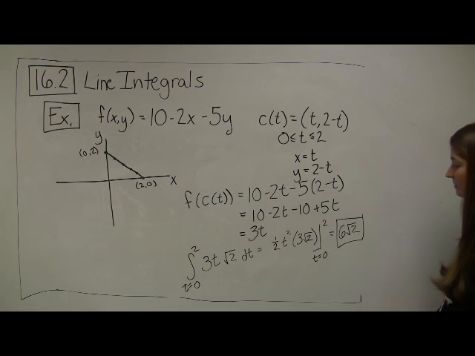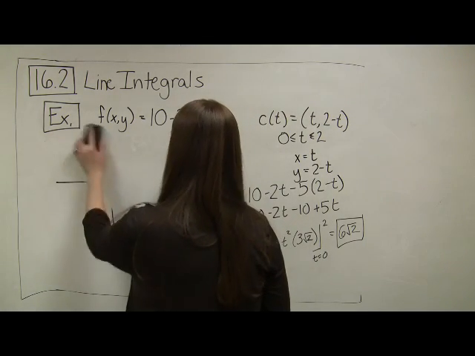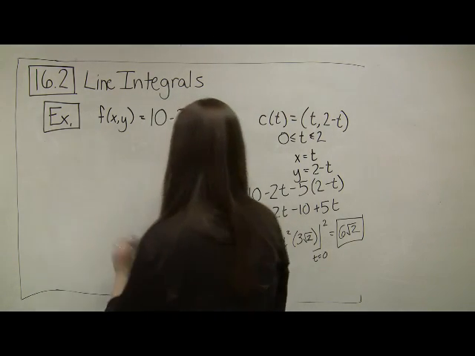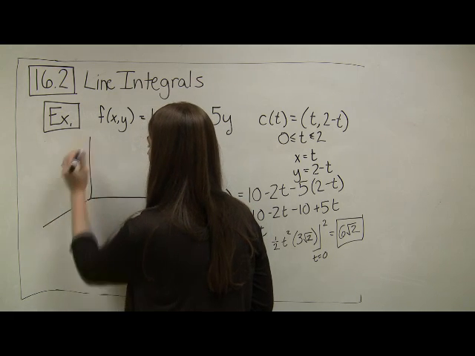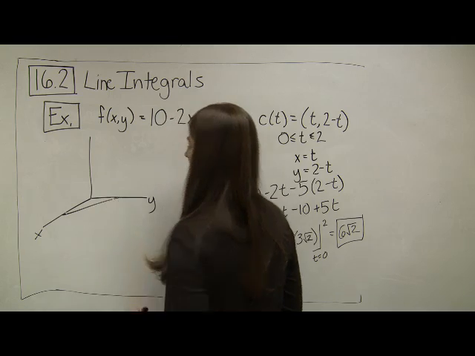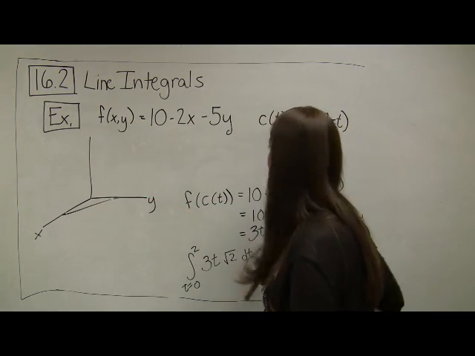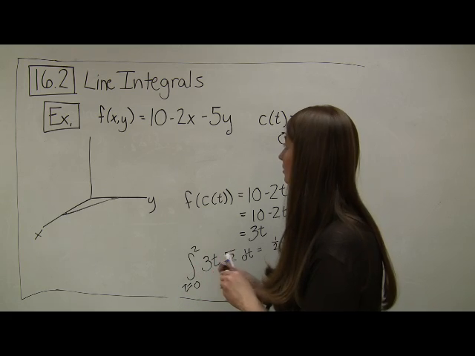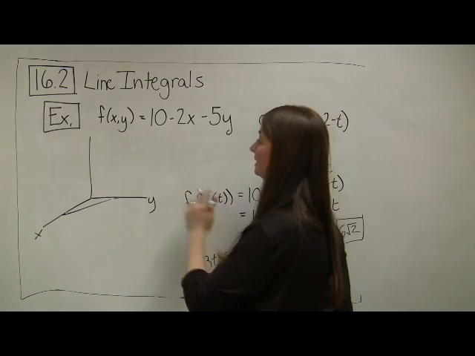Well, what does that actually mean geometrically? I'm going to go back and describe geometrically what's going on with the same picture that we saw before. So rather than writing our path in the xy plane, I'm now going to write it in 3 dimensions. So this is what my path looks like. And then on top of this, I have some function. And in this case, my function is a plane. I chose an easy function.